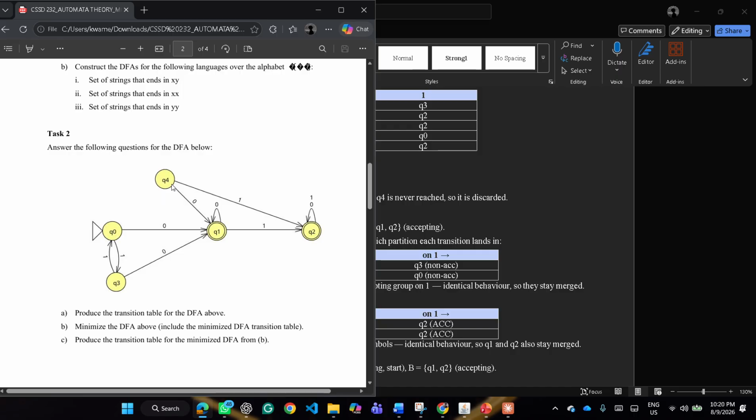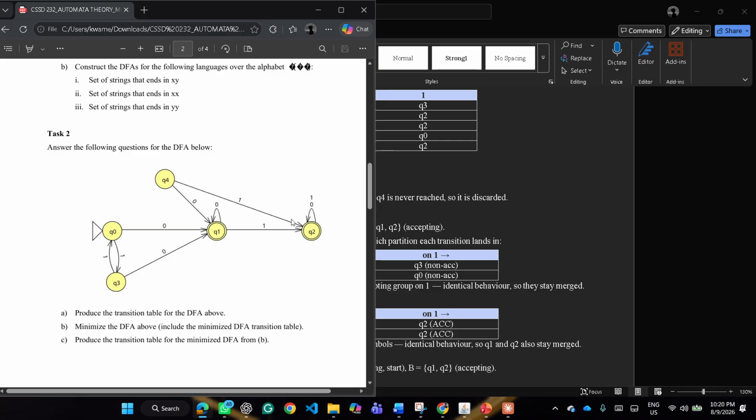Right now you can see that Q0 is reaching Q1. Also, Q3 is reaching Q0. That is why you also have Q0 reaching Q3. Now, Q1 is also reaching Q2, right? And Q2 is reaching itself. Now, look at Q4. Q4 is not being reached, but it's reaching others.